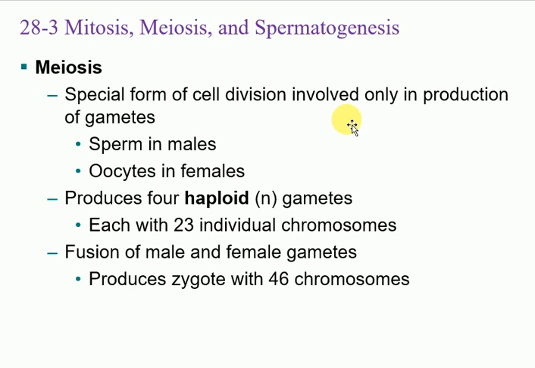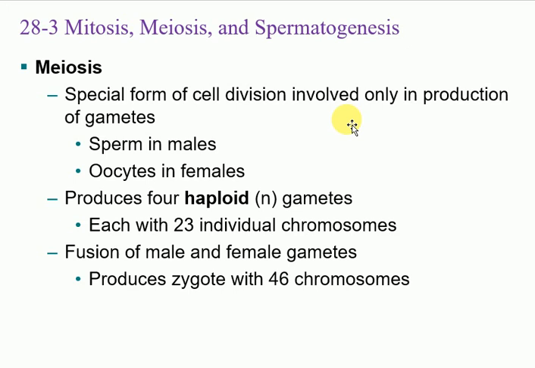The purpose is to make haploid gametes, N, one N only, one set. Two N's is diploid. So does the sperm have a diploid or haploid number? Haploid. Same for the oocyte.